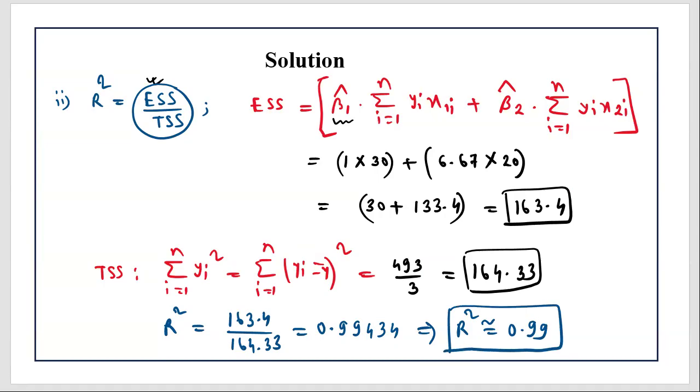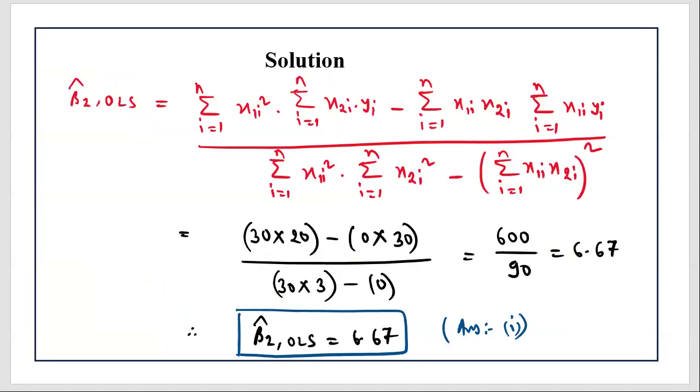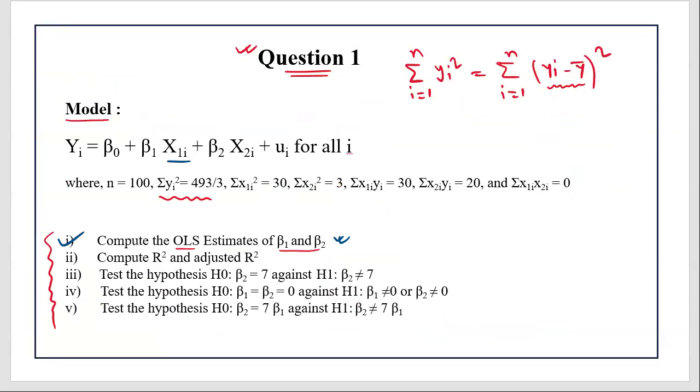According to the sample data that is provided to us, that is a sample of 100 observations, it is suggesting that approximately 99% of the entire variation of the dependent variable y can be explained with the help of independent variables, namely x1 and x2, right? In our model, we have two explanatory variables.